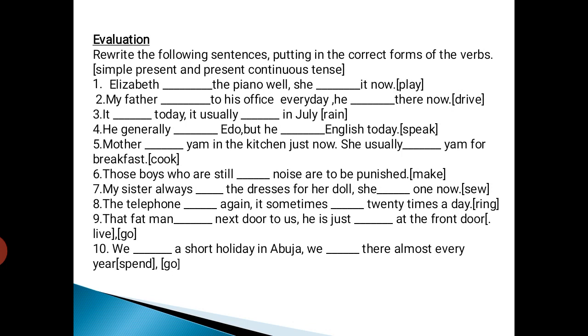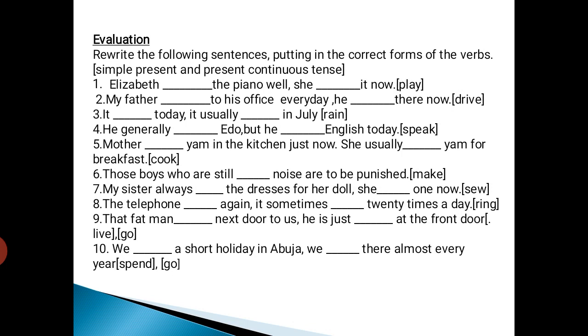She usually dash yam for breakfast. Cook. Those boys who are still dash noise are to be punished. Make. My sister always dash the dresses for her doll. She dash one now. The telephone dash again, it sometimes dash twenty times a day.